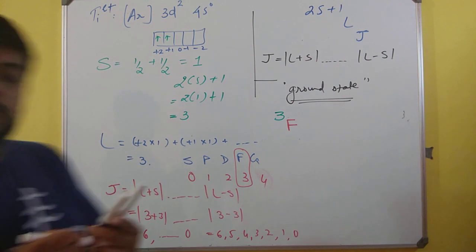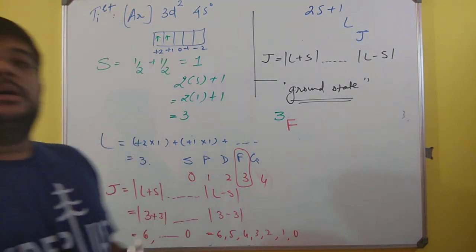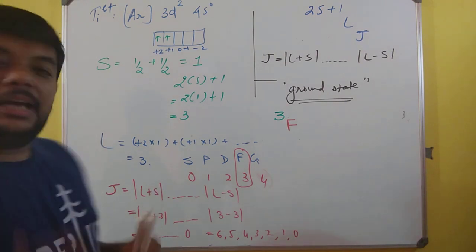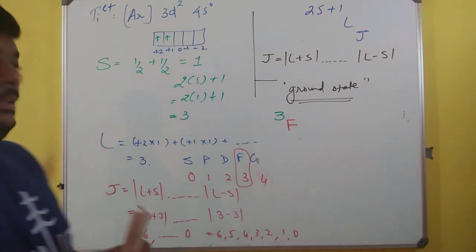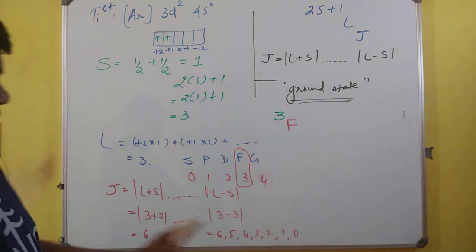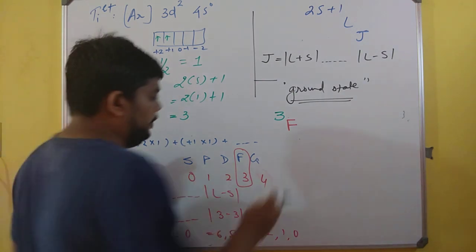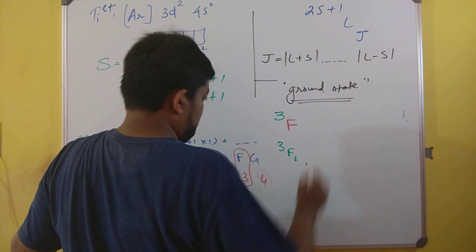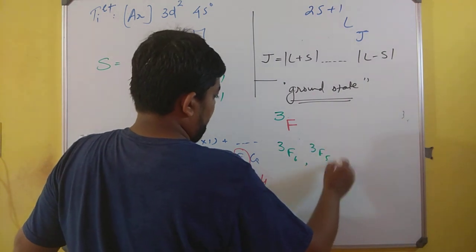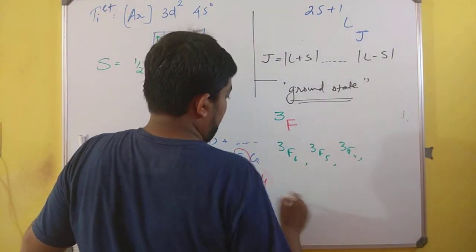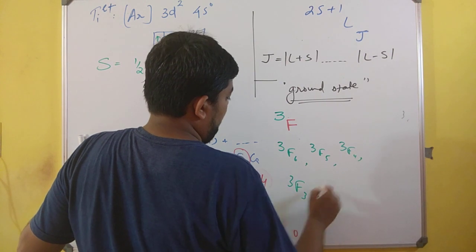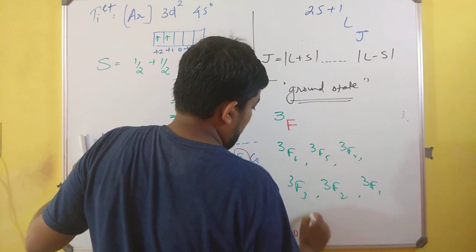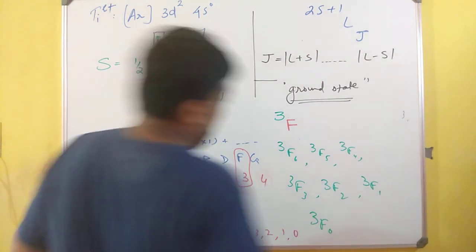I am not at all talking about the ground state. I am not at all talking about any excited state or any degeneracy. I mean to say that I must write all values, and therefore we have to mention 3F6, 3F5, 3F4, 3F3, 3F2, 3F1 and 3F0.